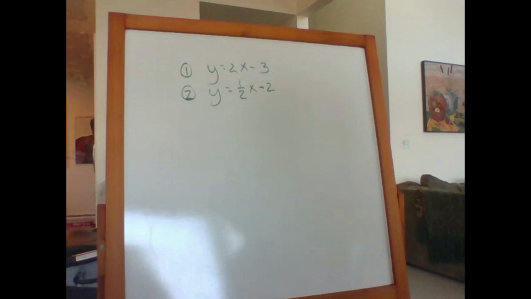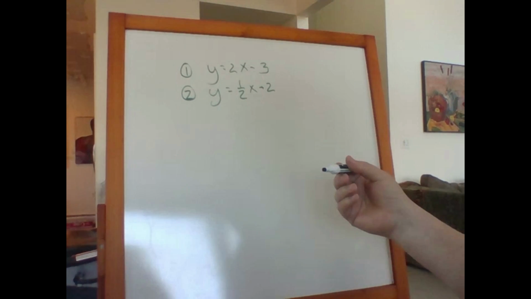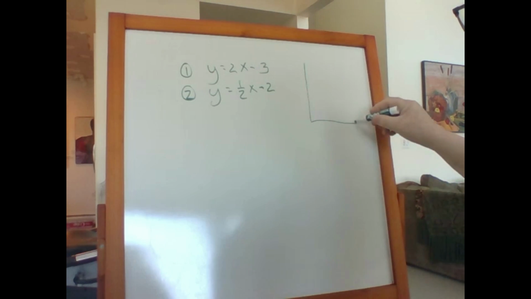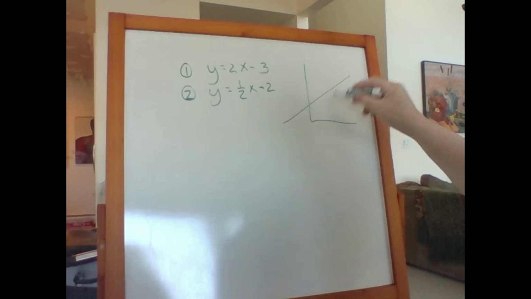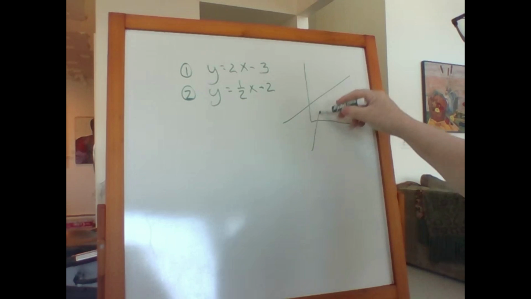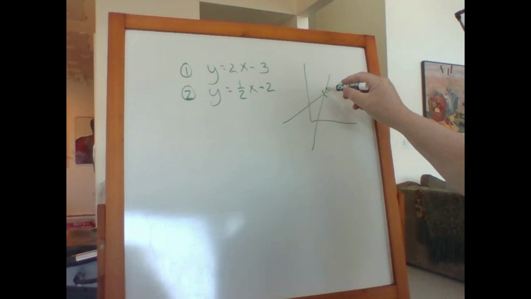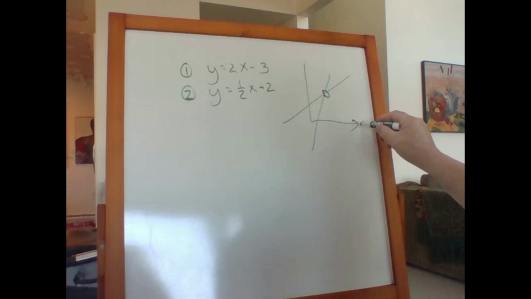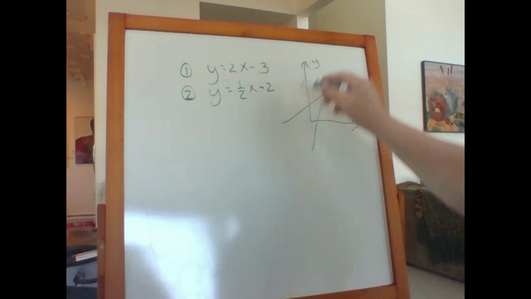And I was giving you an example of showing how to solve a system of equations where two lines meet at some point in space on the xy coordinate system.